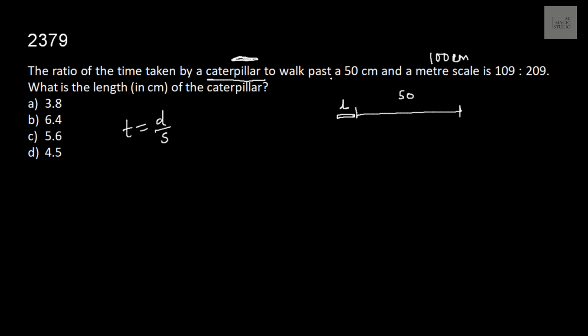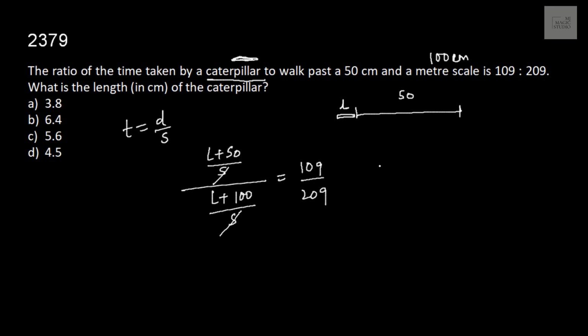So the time taken by the caterpillar to walk past 50 centimeter would be (L plus 50) by S, and to walk past a meter scale (L plus 100) by S. This will be equal to 109 by 209.